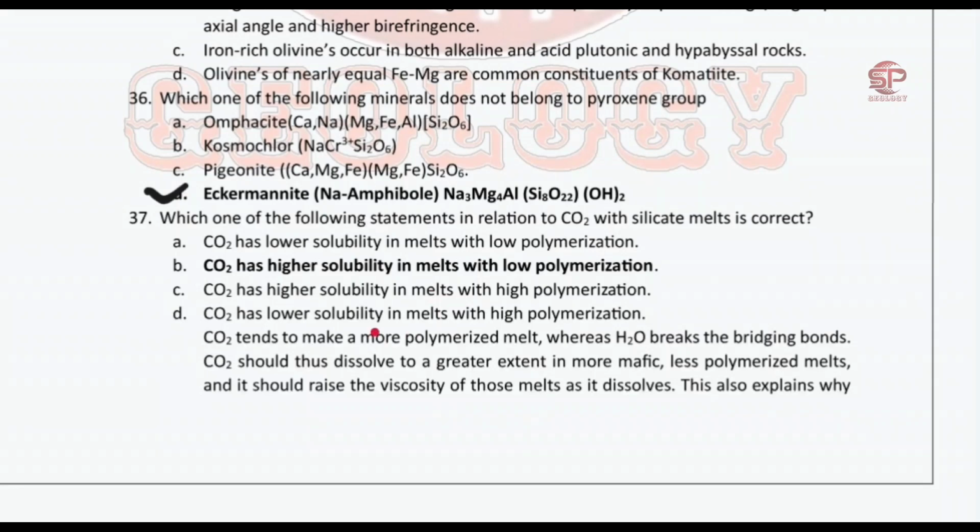Which one of the following statements in relation to CO2 with silicate melts is correct? First, the CO2: when it is added to silicate melts, what will happen?